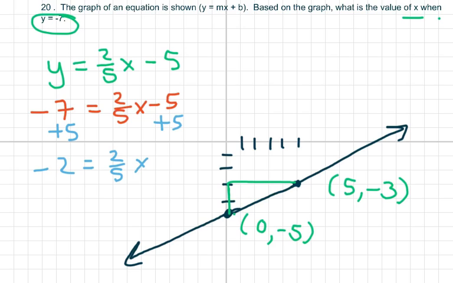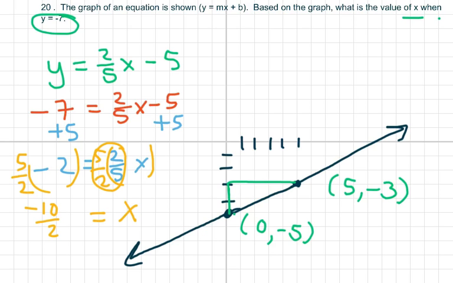To get rid of the 2/5, I'm going to multiply both sides by 5/2, the reciprocal. This equals 1, so we just get x equals negative 10 over 2, which is negative 5. So x equals negative 5.